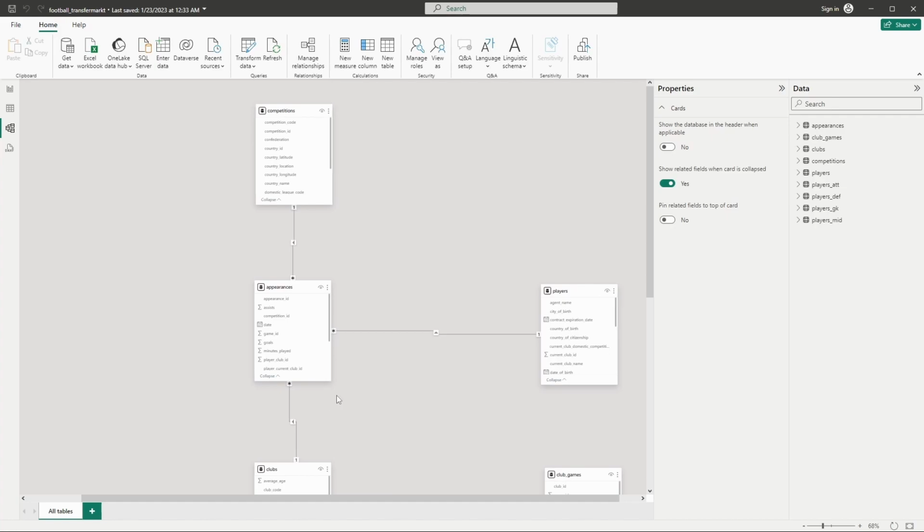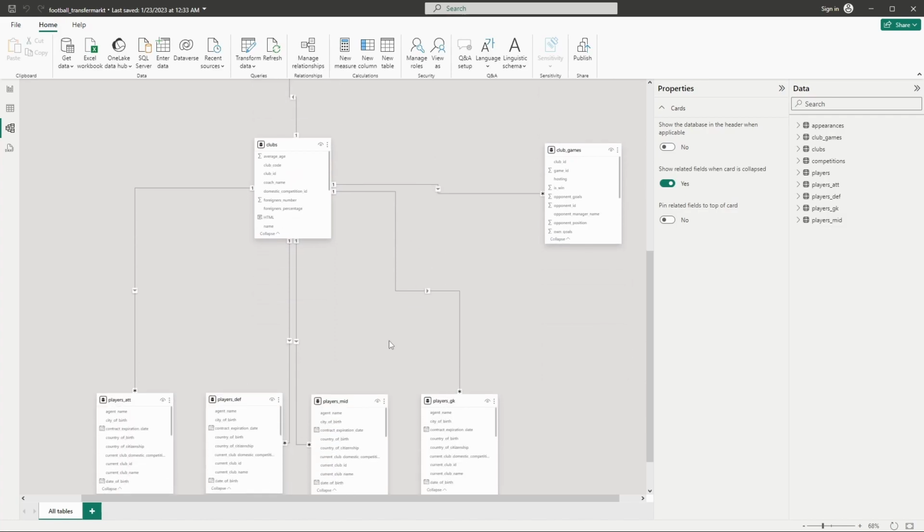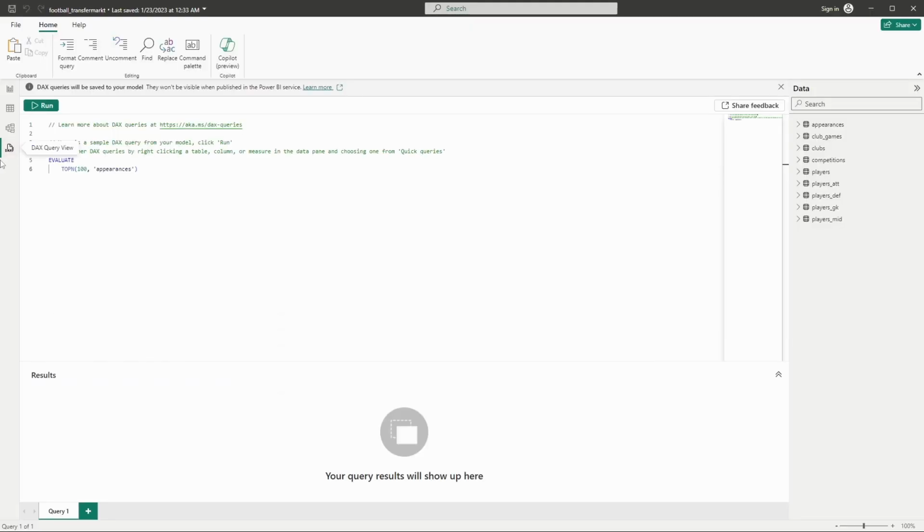I don't particularly remember what I exactly did back then. So basically, as you can see, there are some one-to-many relationships. Yeah, these are basically a bunch of one-to-many relationships. Okay, and I also did something with the DAX queries.